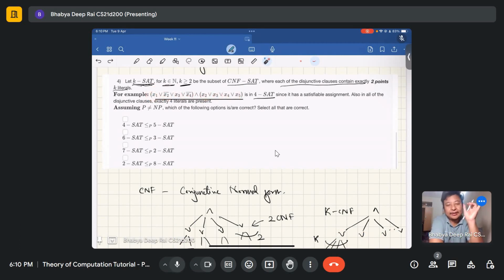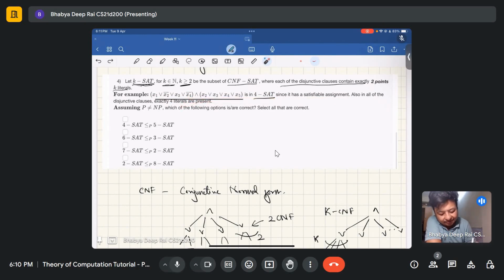So this is an example of a 4-CNF, and therefore asking whether this is satisfiable is the problem 4-SAT. Asking whether any 4-CNF is satisfiable is the problem 4-SAT, and the question says, since it has a satisfying assignment, this is in 4-SAT.